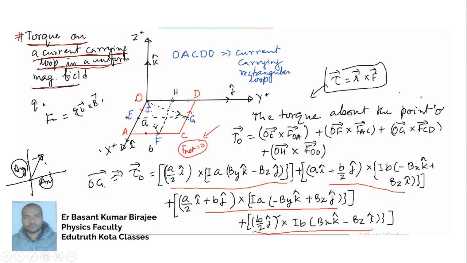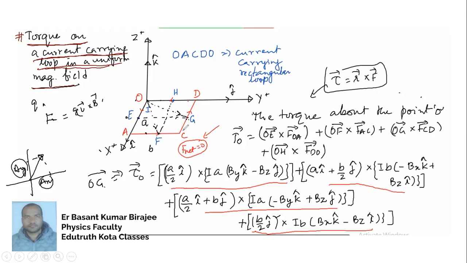We have given the name F_OA for the force acting on the OA arm, and this force is acting at the midpoint. So this is your first torque. And the torque due to the force acting on the AC arm has r vector, the vector joining the point about which we want to calculate torque to the point of application of the force.